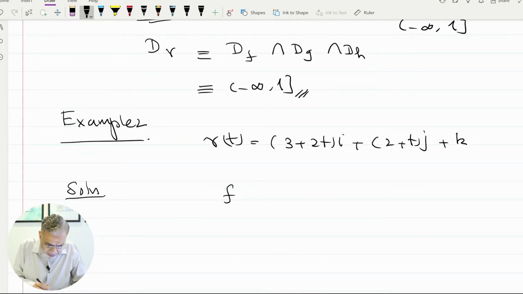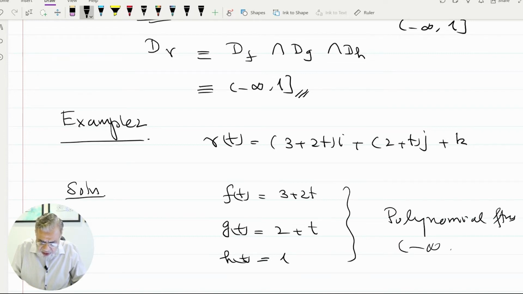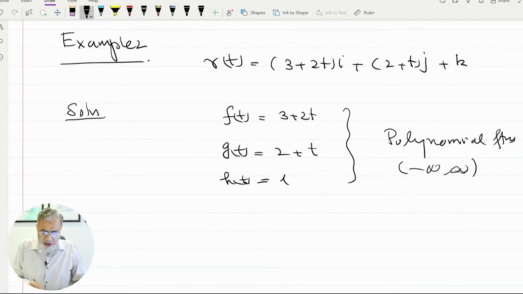My f of t is equal to 3 plus 2t, my g of t is equal to 2 plus t, and h of t is equal to 1. All these functions are polynomial functions, and if they are polynomial functions, then the domain is from minus infinity to plus infinity. So the domain of f of t is minus to plus infinity, the domain of g of t is minus infinity to plus infinity, and the domain of h of t is also minus infinity to plus infinity.